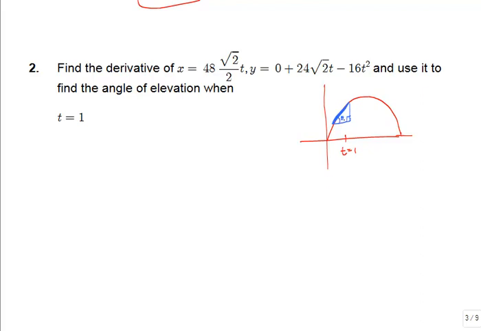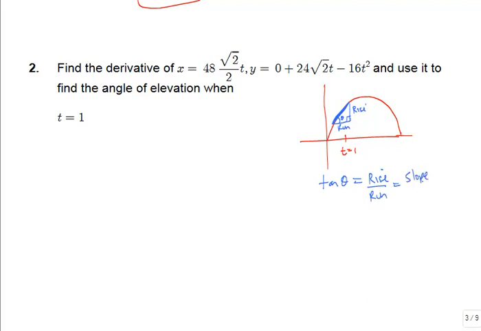And that angle is like your rise over your run, which we also know as slope. So the tangent of that angle would be the opposite over the adjacent. So tangent of that theta would be our rise over our run, otherwise known as our slope.